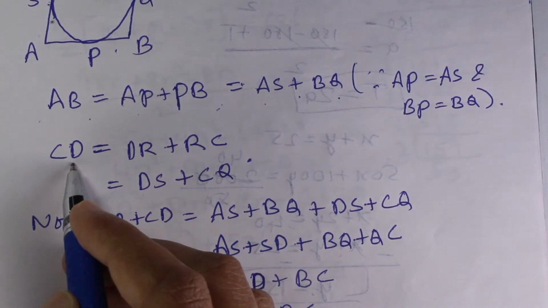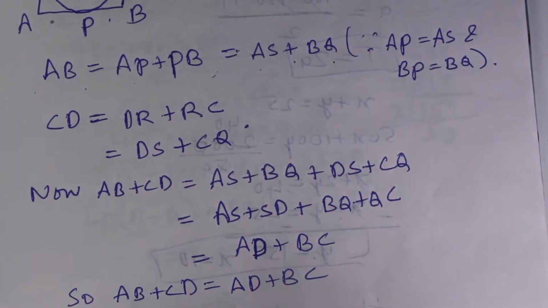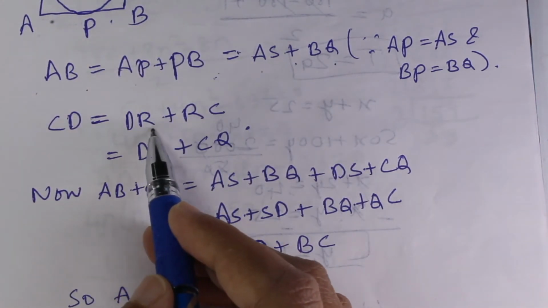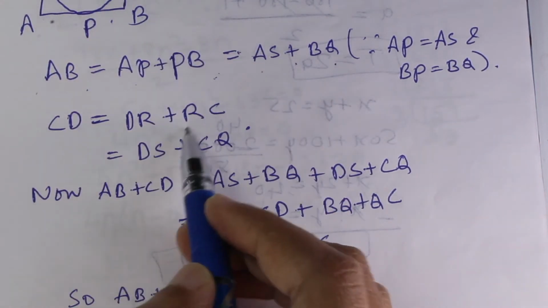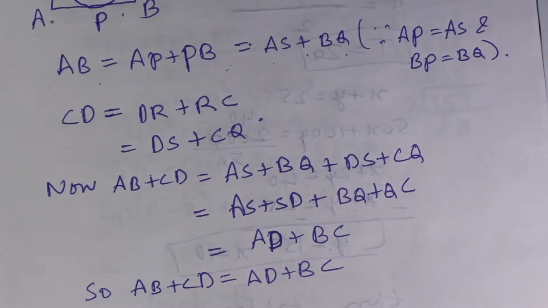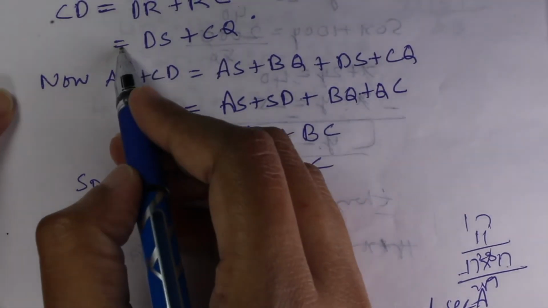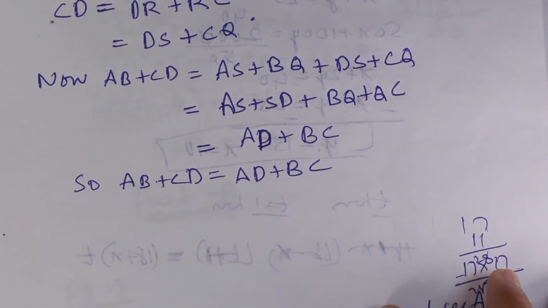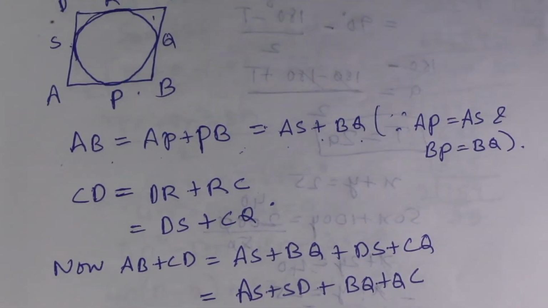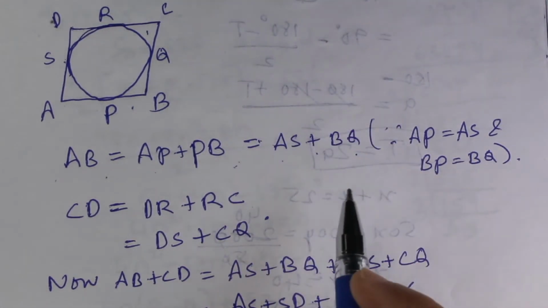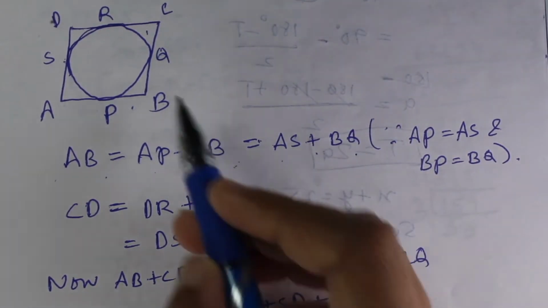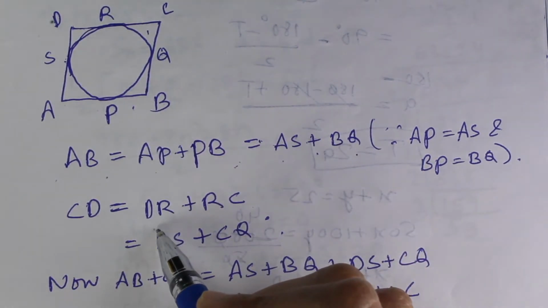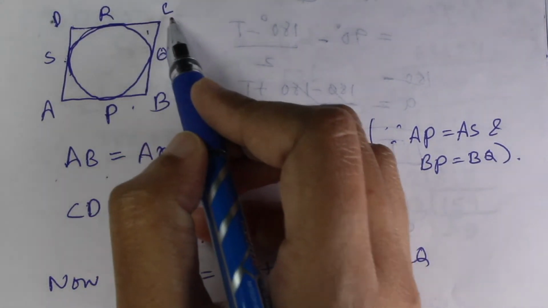Now CD. CD is equal to DR plus RC, right? That is equal to, DR is equal to DS and RC is equal to CQ.